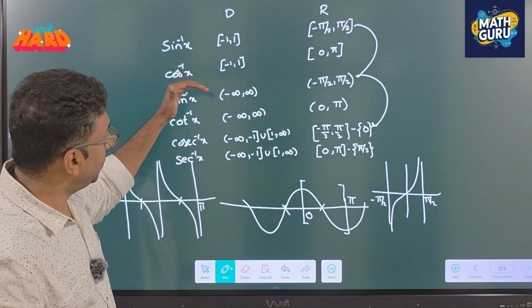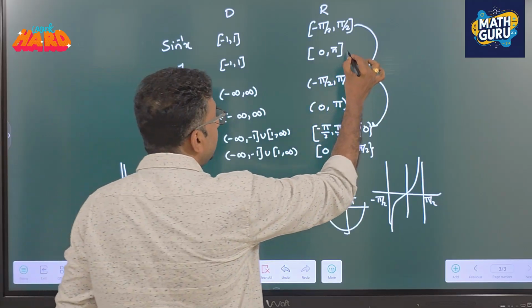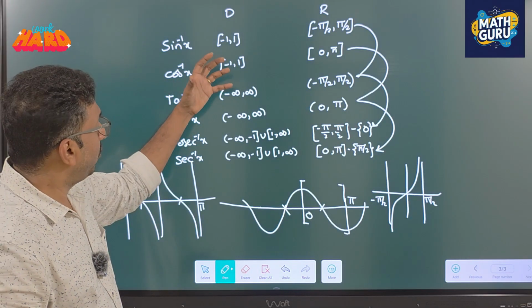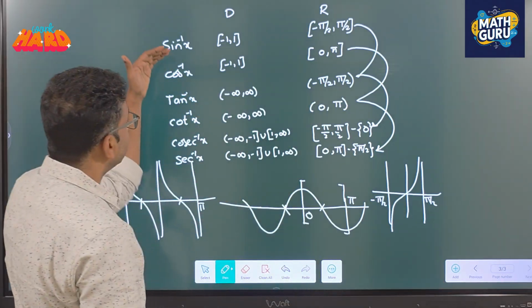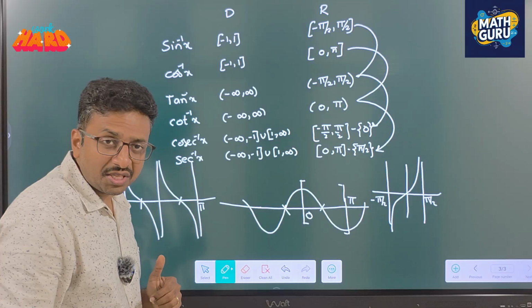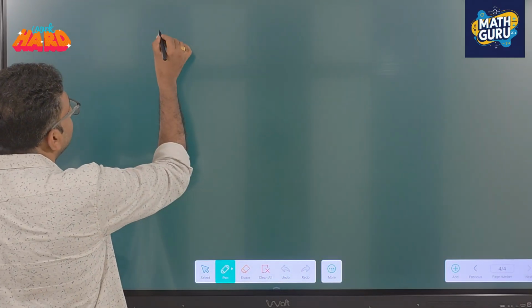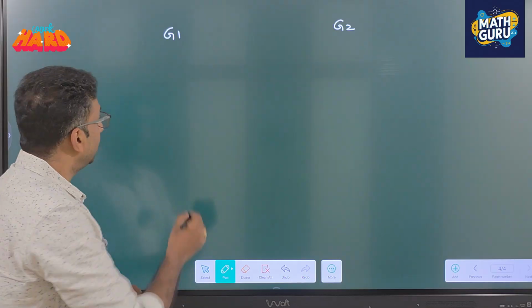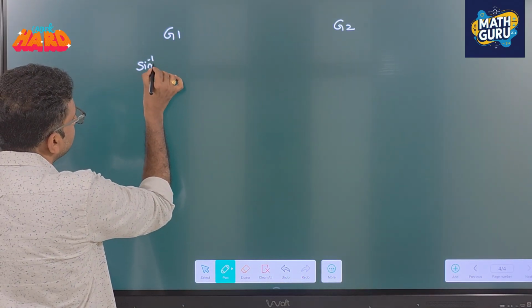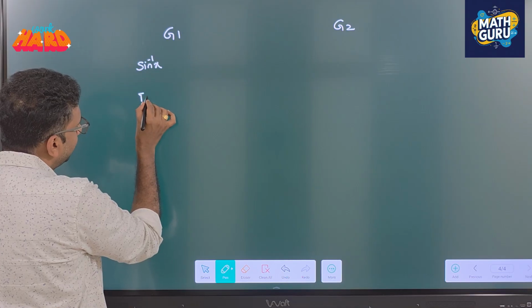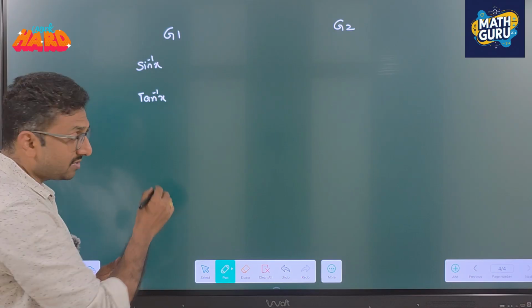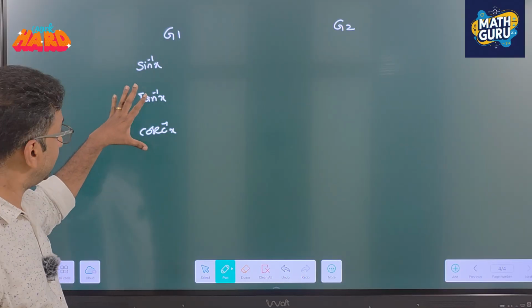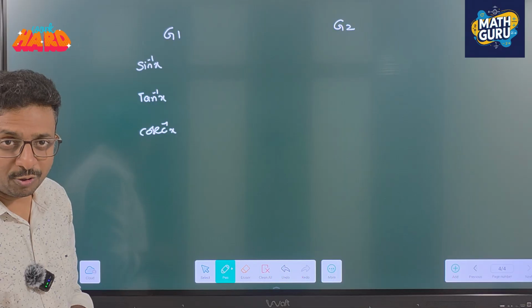Group 1 has sine inverse x, tan inverse x, and cosecant inverse x. All these three functions' ranges are related to minus pi by 2 to pi by 2.